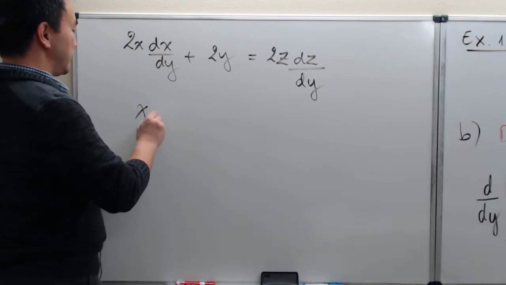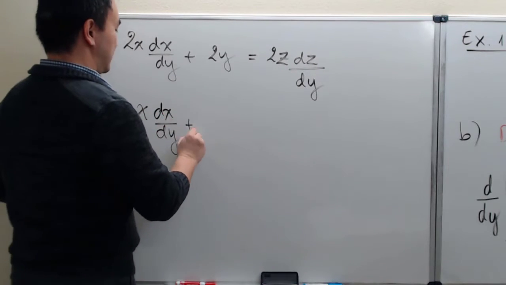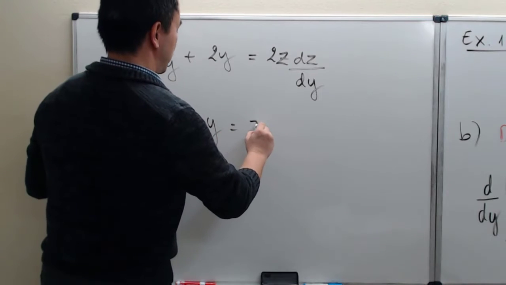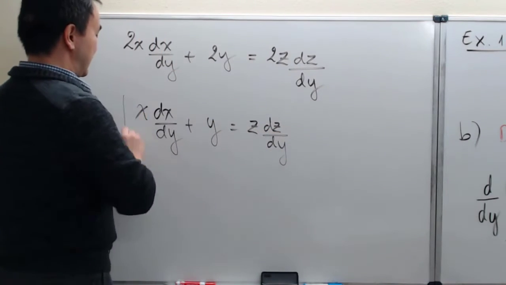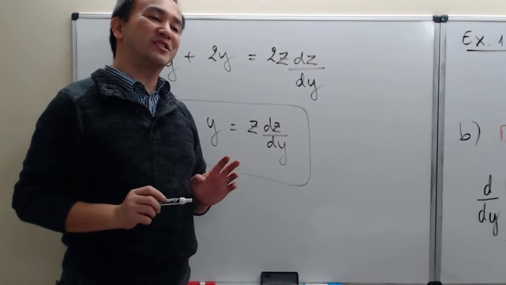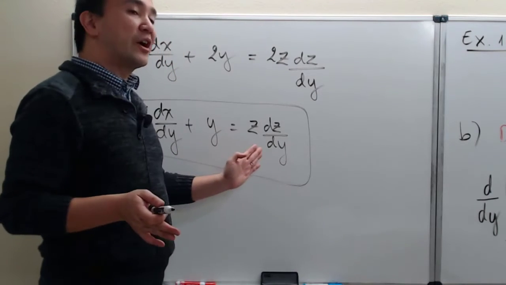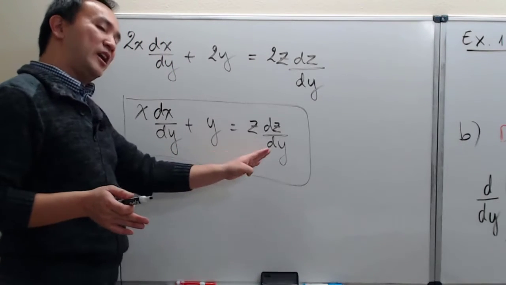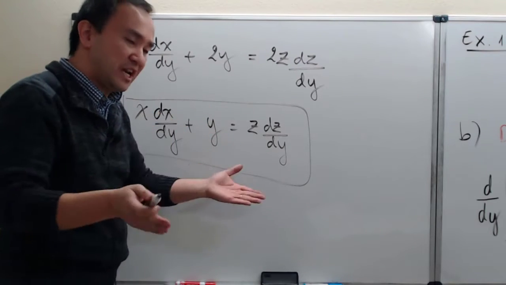Okay, so optionally we can write x dx dy plus y equals z times dz dy. That's our goal right there. We're not really solving for any derivatives explicitly. We just find a whole bunch of derivatives, and we land on that final equation where all of our found derivatives are related with each other.